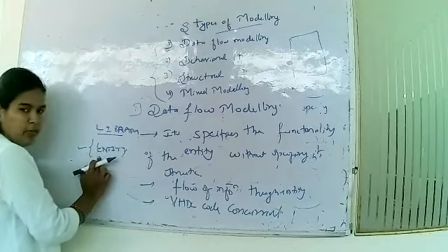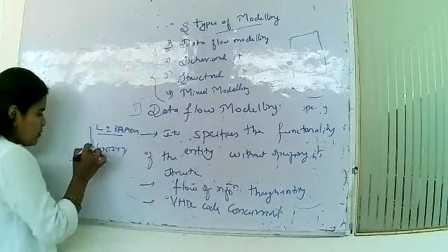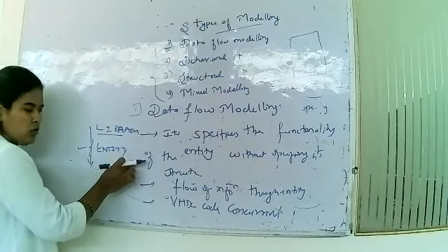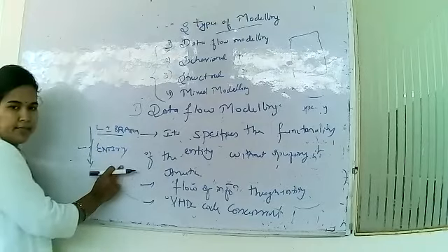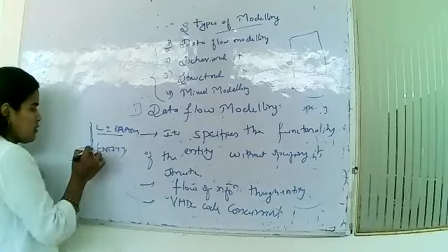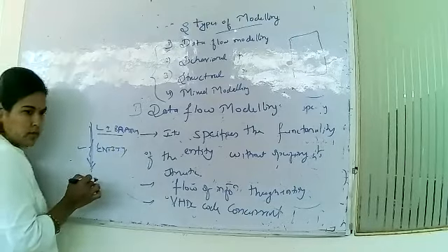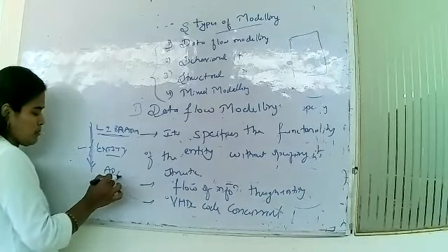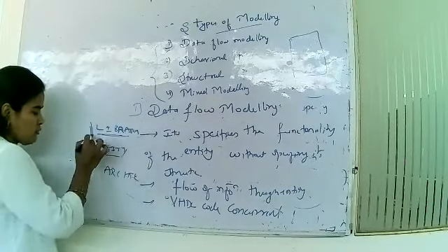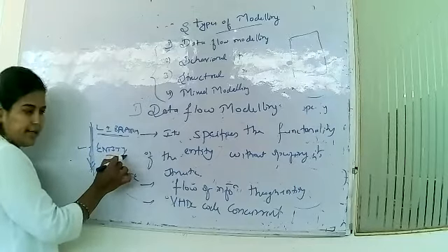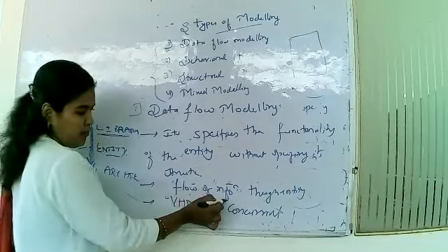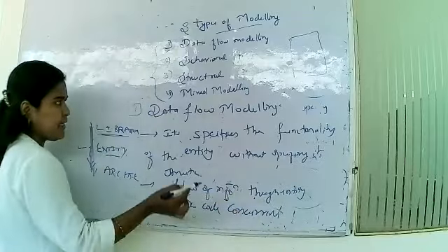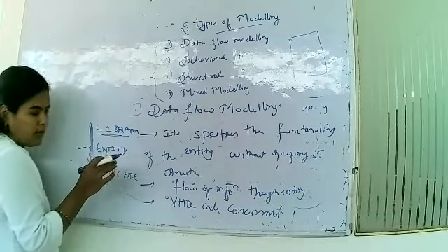Flow of information means the information will flow through the entity. What information? Design information. When writing the program, the information will flow through the entity.